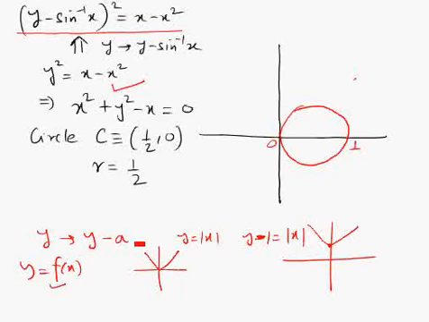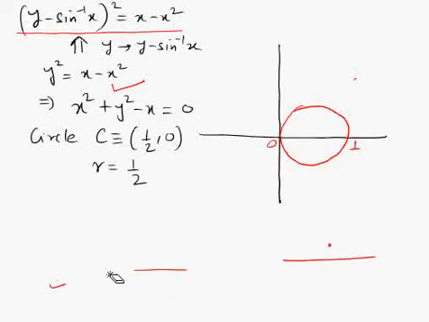Shifting 1 unit up means every point on this graph will go up by 1 unit, meaning the y coordinate of every point lying on this graph will go up by 1 unit, right? So that's what we are planning to do here. We'll draw a graph of this, and then we shift this graph by sine inverse x units above. I'll show you how we do it.